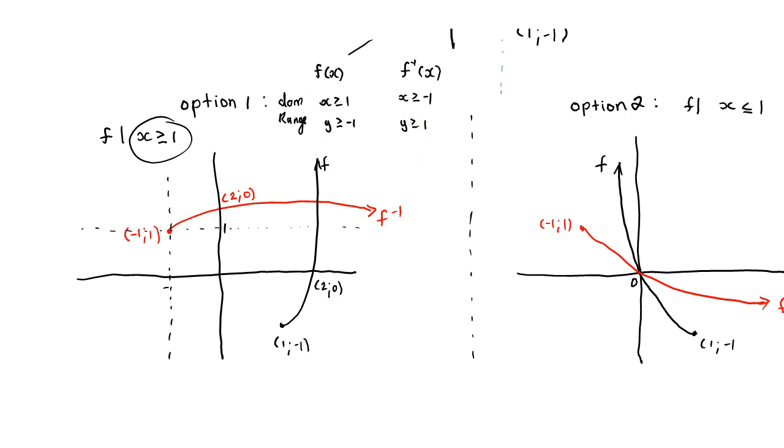Now notice what has happened. The domain of your original function f has become the range of your inverse function, and the range of your original function f has become the domain of your inverse. So that's the last thing that I wanted us to note about what happens between the inverse and the function.